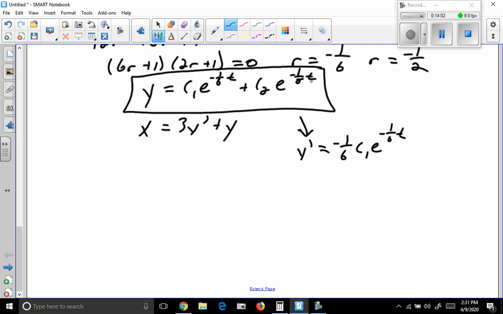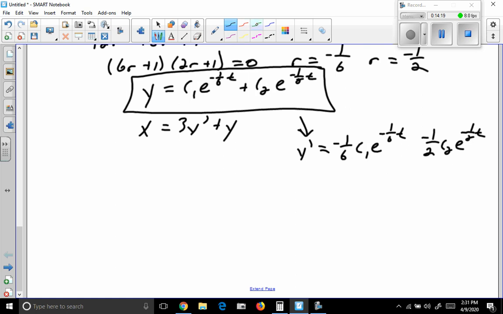The derivative of this is e to the u times u prime. The derivative of the exponent is negative 1/2. So I guess we could erase that plus and just have it as a minus.